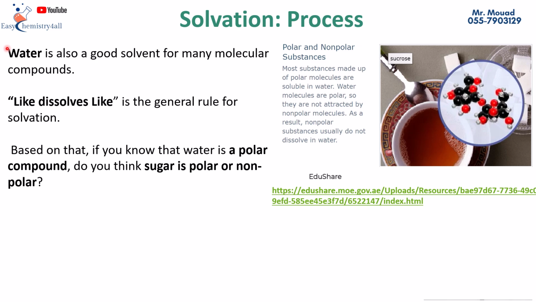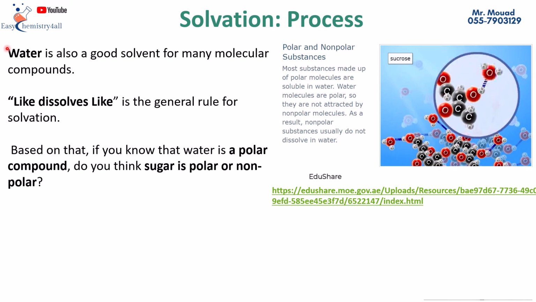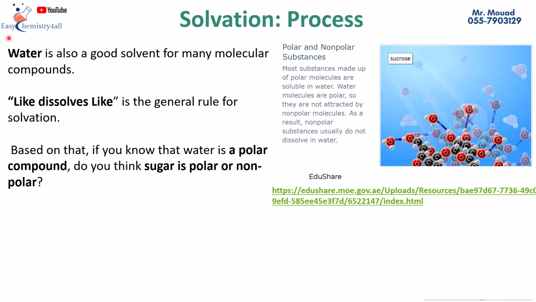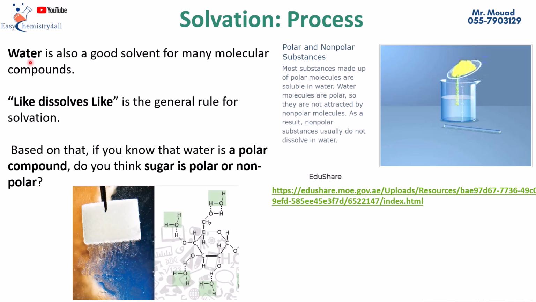These molecules contain a number of hydroxyl groups. As sucrose dissolves, water molecules form hydrogen bonds with the hydroxyl groups, pulling sugar molecules out of the crystal structure and transferring them into the liquid phase.